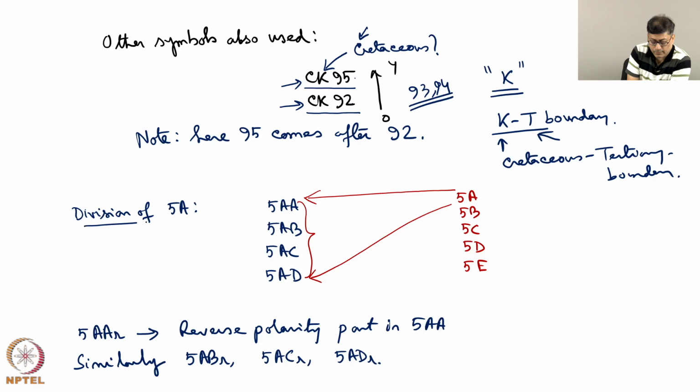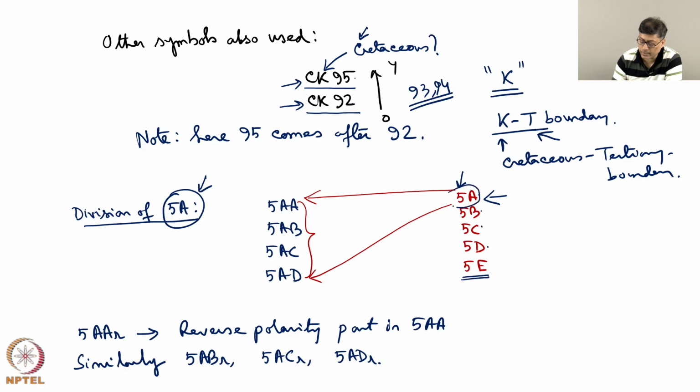Now, let us look at the division of 5A. If some symbol is there, 5A, this A will indicate the topmost one of the division 5. For example, 5E has to be the bottommost, then 5D, 5C, 5B and 5A.